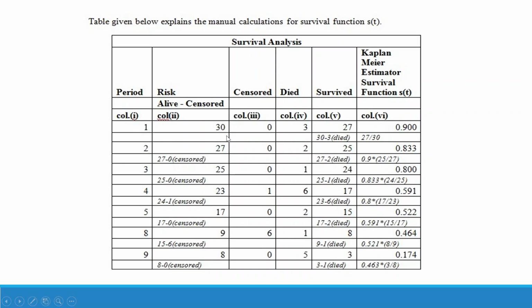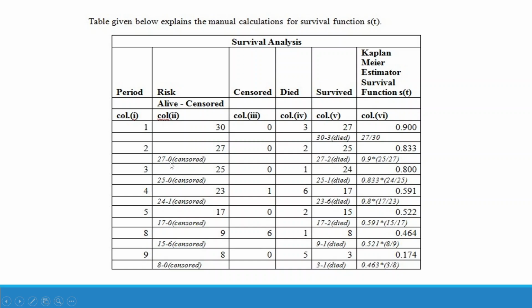In period 1, 30 patients are alive, so S(t) is 100%, all are alive. 0 censored means no dropouts, 3 died means 30 minus 3, 27 survived. So the survival function S(t) is 27 divided by 30, which is 0.90.